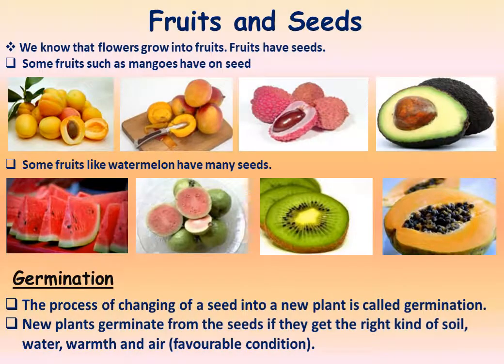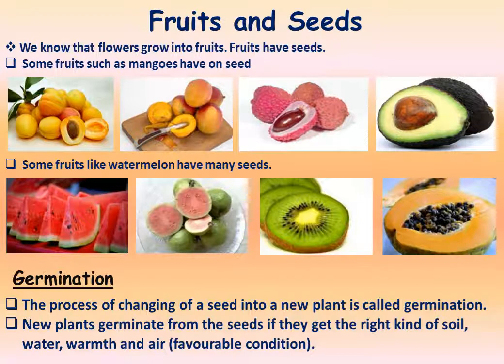Now, fruits and seeds. We have seen so many fruits of different varieties. Have you noticed one thing? Some fruits will have one seed. Some will have more than one seed. You can see in the first section of pictures, all the fruits have only one seed.